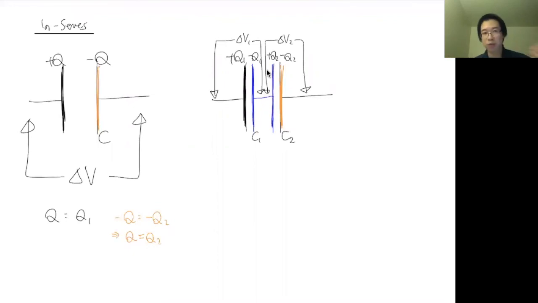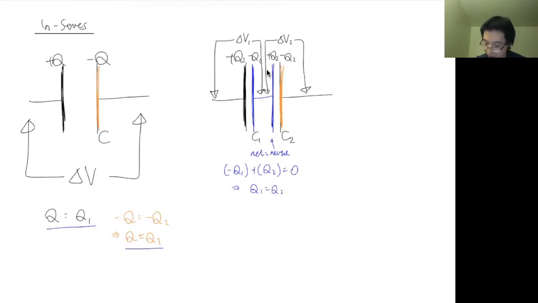You can think about it the way I just said, or you can think about conservation of charge, where minus Q1 plus Q2 equals 0 for the blue part because it's neutral. The net is neutral, I should say. Just put a neutral piece of wire and then the charges separate. So now you infer that Q1 equals Q2. And of course that is true as well.